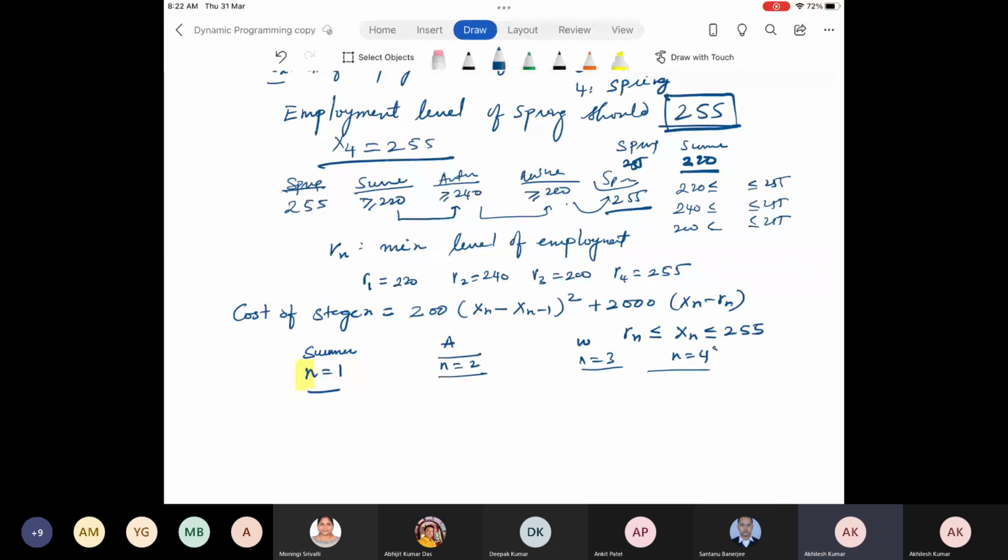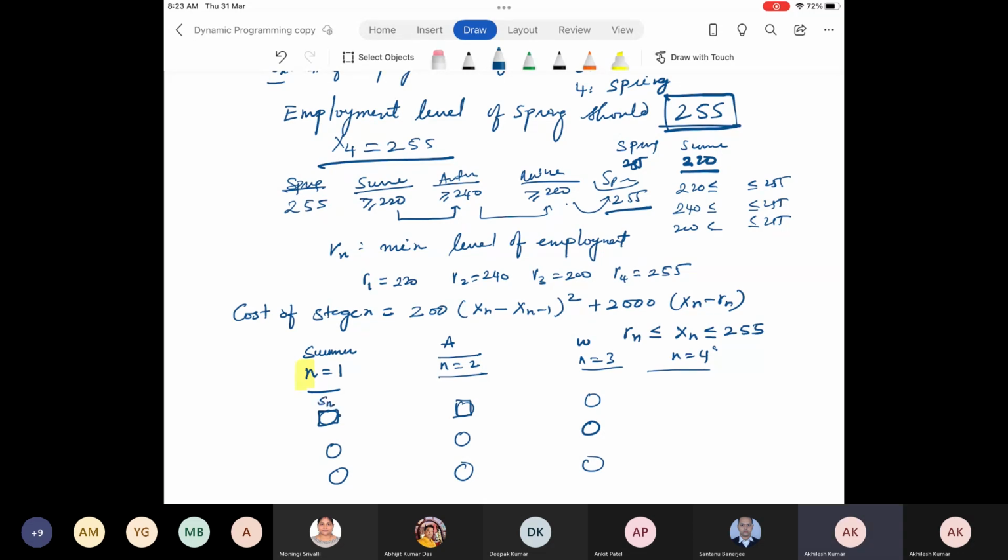So suppose there are some states. I'm just drawing it for explaining purposes. We cannot really draw such a diagram. So suppose I'm in this state.